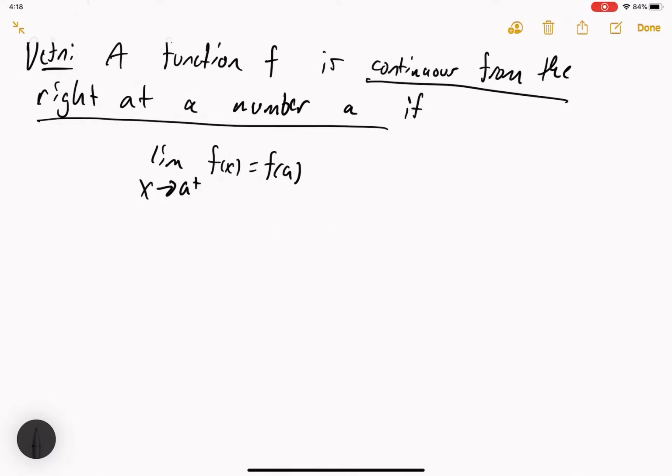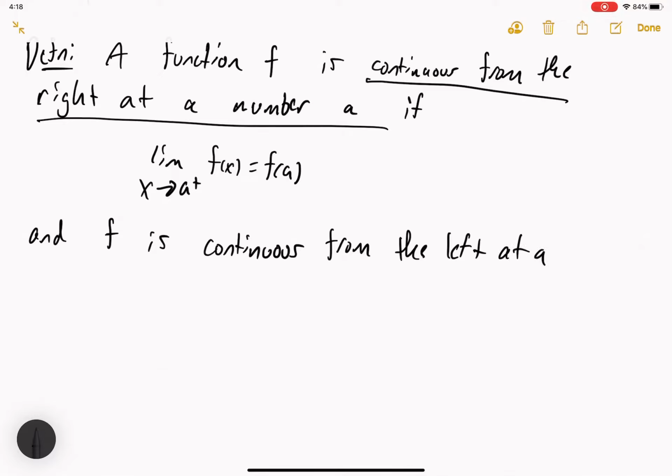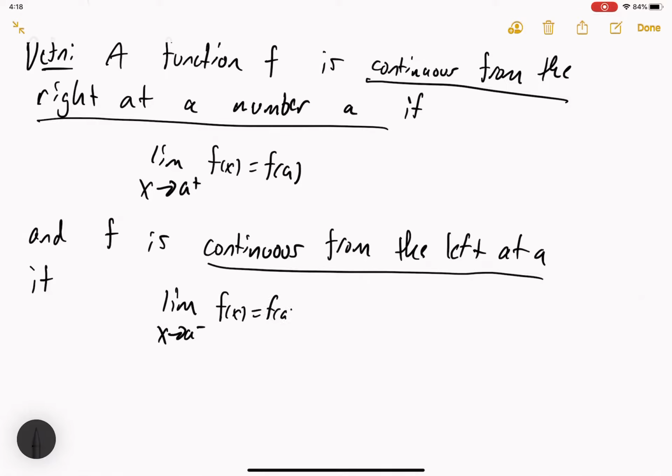And likewise, you can do that from the left. Again, continuous on the left at a if, as you guys can imagine, the limit as x goes to a from the left of f of x is equal to f of a.